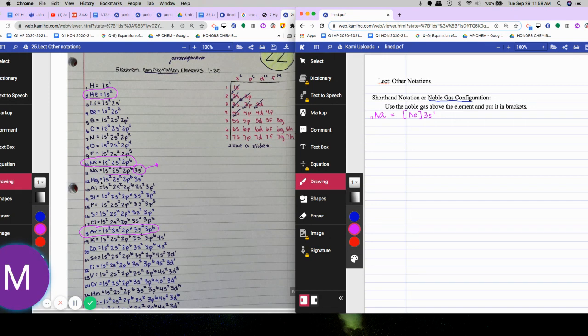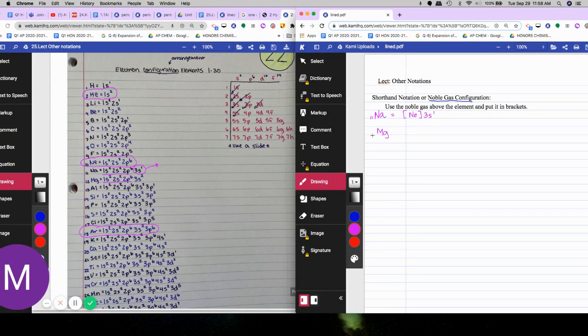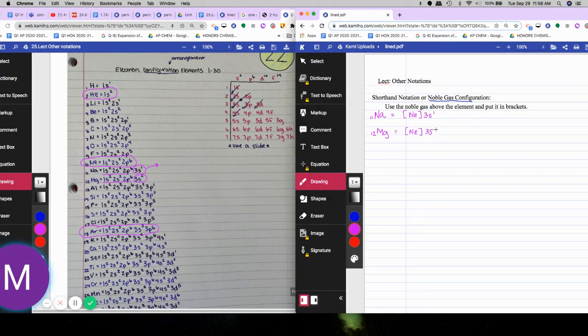Let's do magnesium. Magnesium is number 12. The noble gas above it is neon, and plus a 3s2. So this is the shorthand configuration for magnesium.